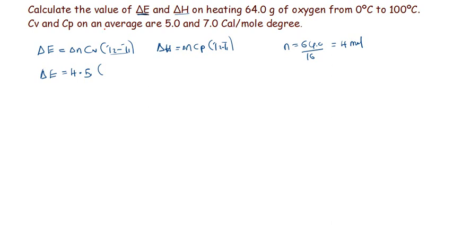Temperature 1 is 273 Kelvin, because that is 0 degrees, and temperature 2 is 373 Kelvin. When you subtract that, it gives just 100 Kelvin. So I'll put 100 Kelvin there.